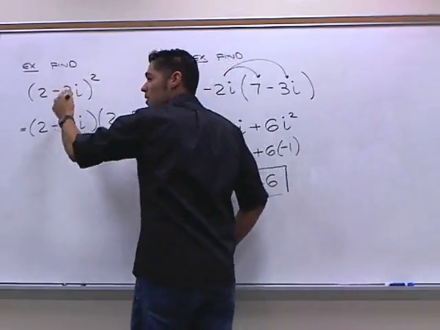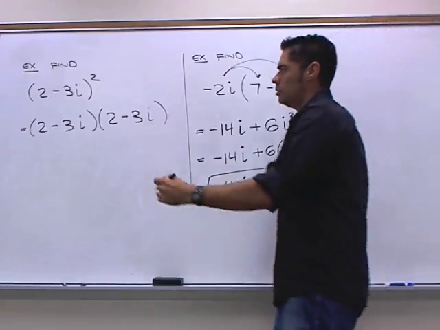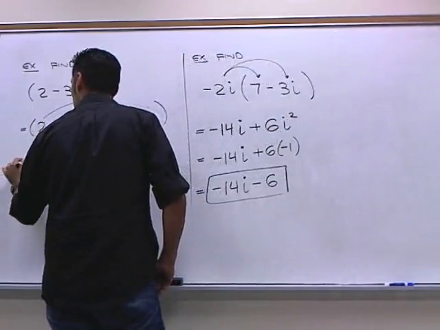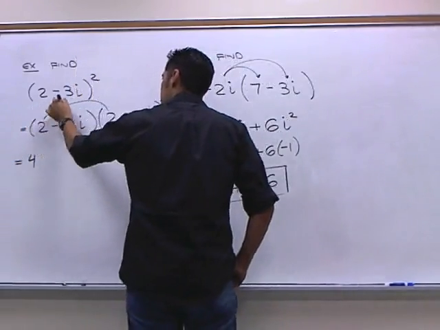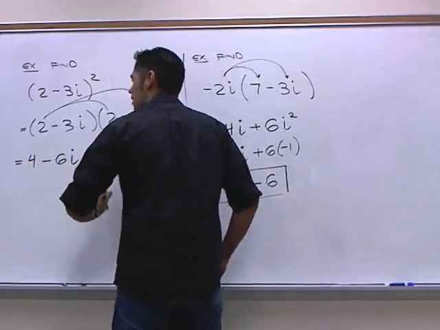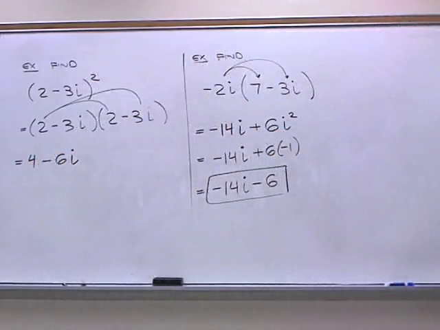You don't just square each one, you have to do the FOIL, don't you? So 2 times 2 first gives me 4. 2 times negative 3i gives me negative 6i, right? Because all you're doing is a 2 times negative 3. The i just comes along.